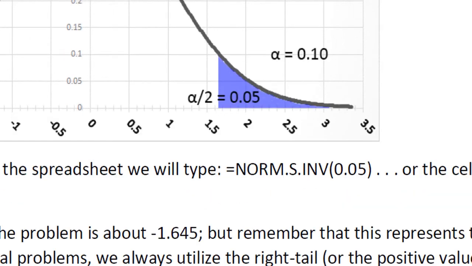So if I were to say I want you to do this right now, and we need to find the z value that corresponds to 0.05 in the right tail, we would type in on the spreadsheet equals norm.s.inv of 0.05, or whatever the cell reference is where the 0.05 is.